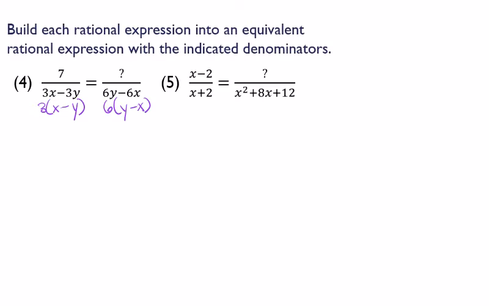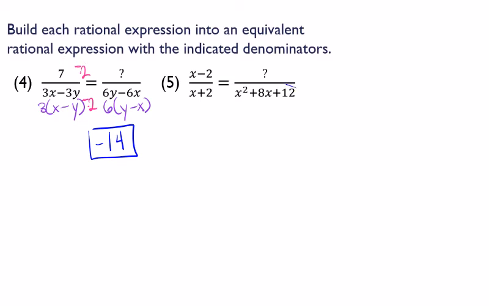So I have to multiply by 2 and do the same thing on top. And then how do I get from x minus y to y minus x? So they're opposites, right? So that means I would have had to multiply by negative 2. Okay? And so I multiply 7 by negative 2 in the numerator, and I get negative 14. Okay, 7 times negative 2 is negative 14.